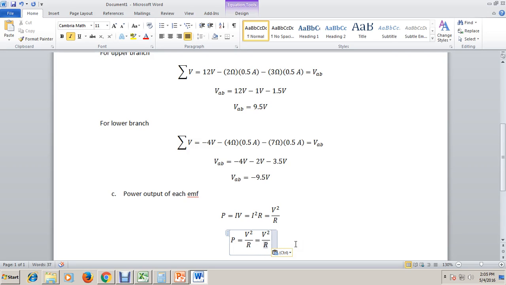So V squared becomes 12 volts squared over R, which is 2. Of course, 12 squared becomes 144 over 2, which gives you 72 watts.